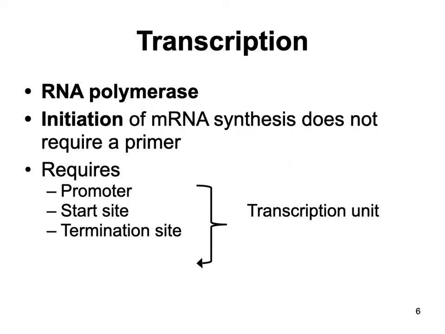The synthesis of this messenger RNA does not require a primer because, as you learned last chapter, RNA polymerase can start building a polymer of nucleotides from scratch. Even in thin air, it can just start building a complementary strand.